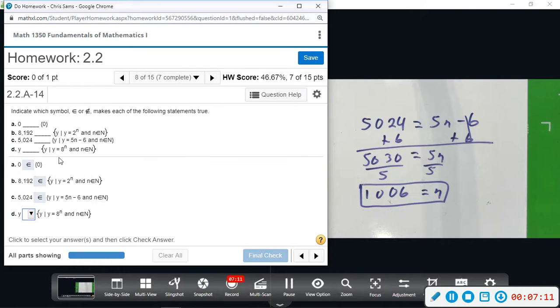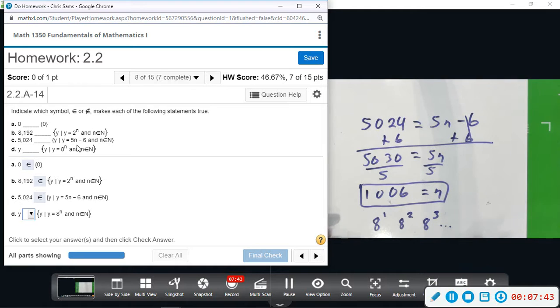And then we have y. Is y an element of this set? Okay, this set says y is the set of all y's. Now we're using y as a variable. We're not saying that y is in here, and we're telling you that y is equal to 8 to the nth, where n is a natural number. We're saying this: 8 to the first, 8 to the second, 8 to the third, and so forth and so on.